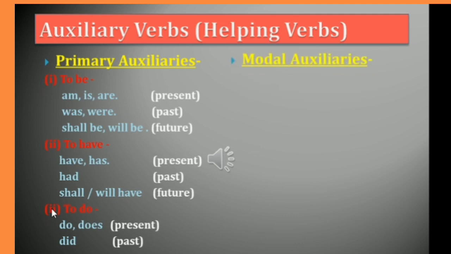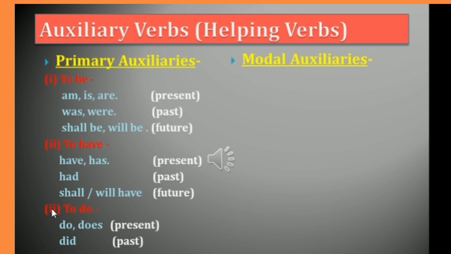Primary auxiliaries are very important in order to form the tenses, while modal auxiliaries have their different forms. In the word modal, modal is an adjective from mode. What does mode mean? Mode means a way, a style, a method. They are also in present and past form.